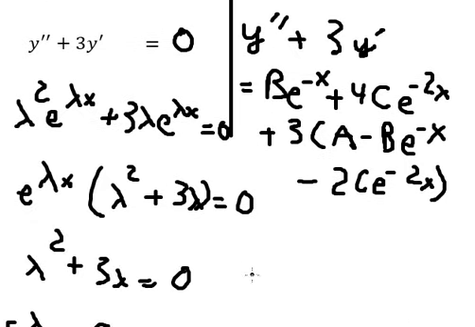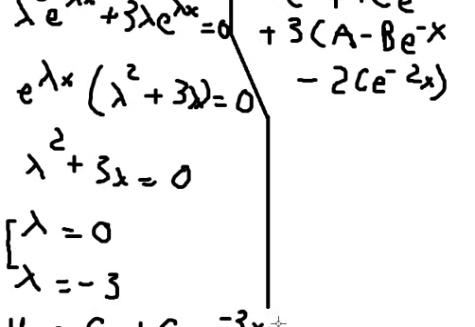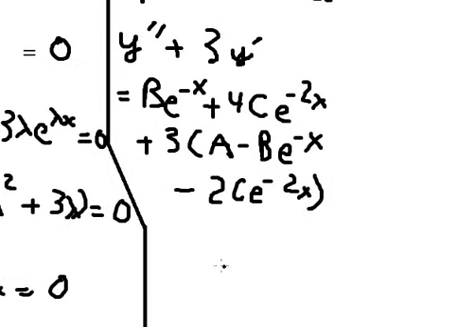Now we simplify. So we can see b e to the power of negative s with negative 3b, so that should be negative 2b in here.